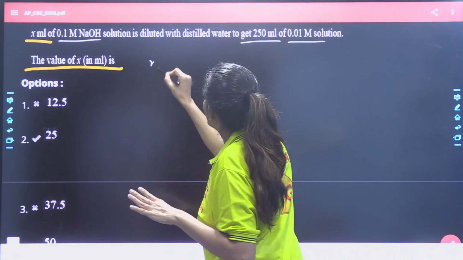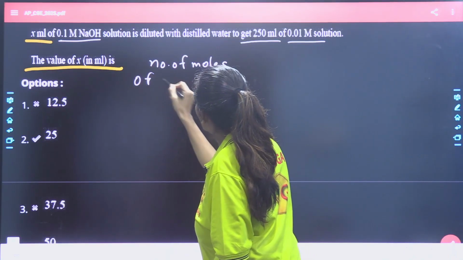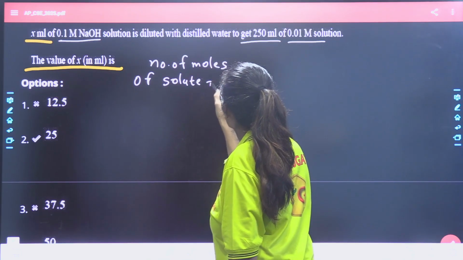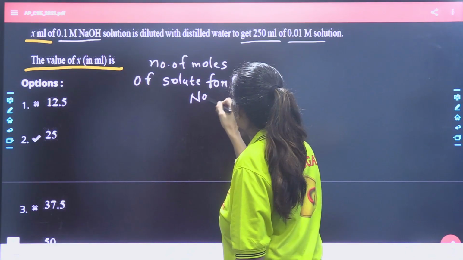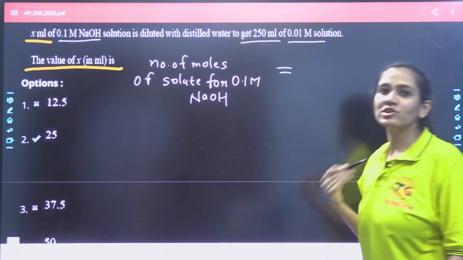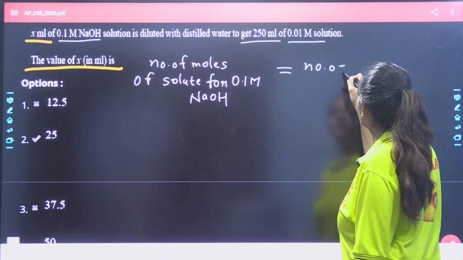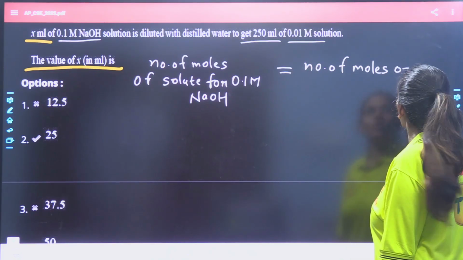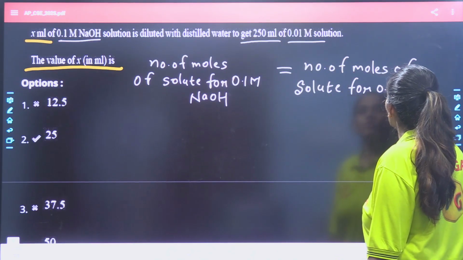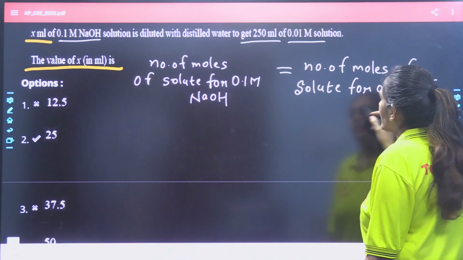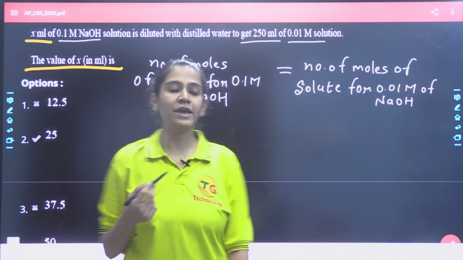Here, the number of moles of solute for 0.1 molar NaOH is equal to, since we are just adding water and not changing the number of moles of solute, the number of moles of solute for 0.01 molar NaOH. Okay, for this solution, the number of moles is the same.